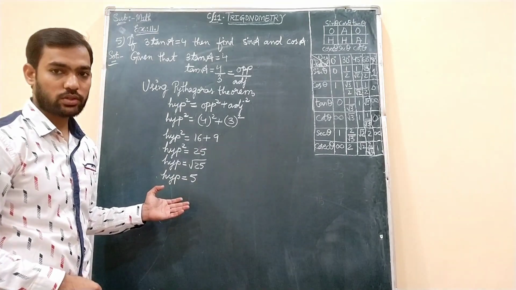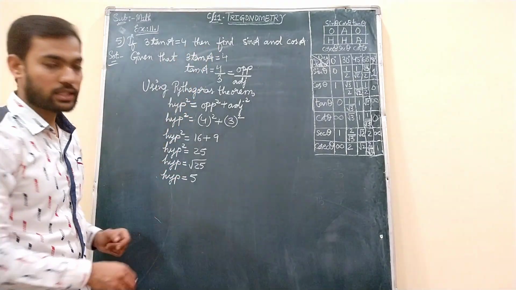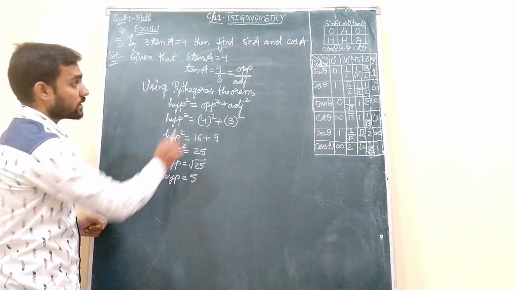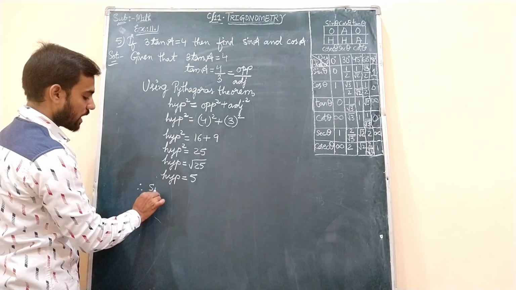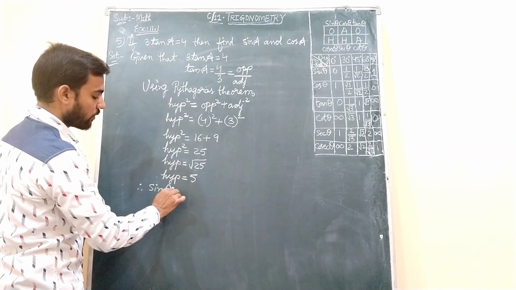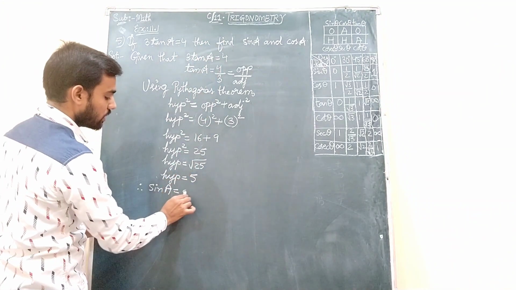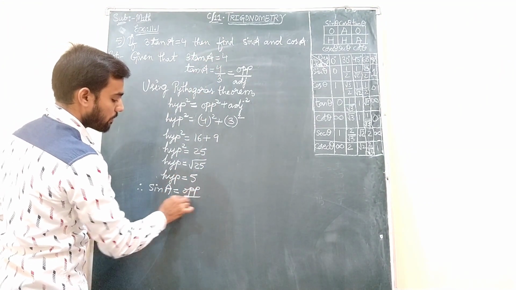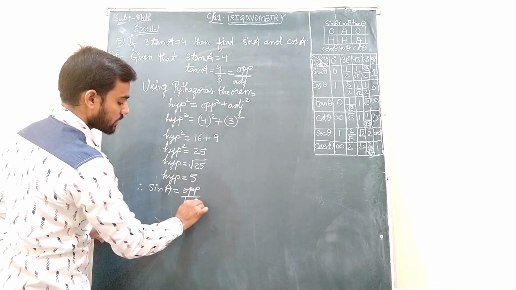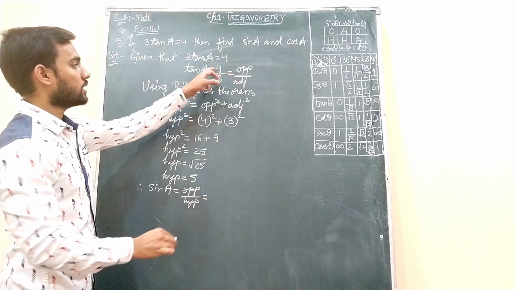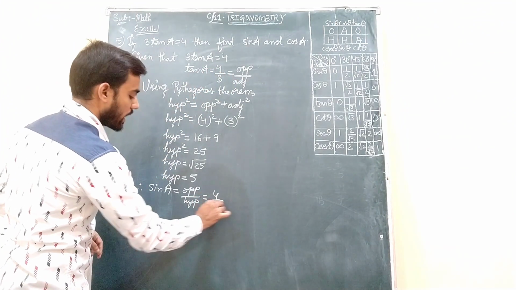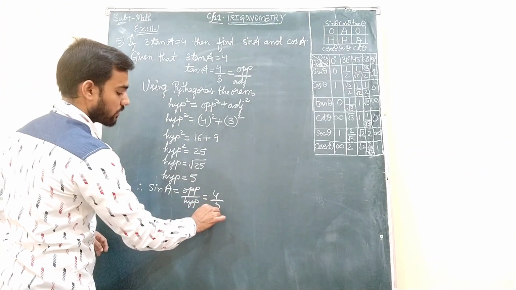As I got the hypotenuse, now I can find out whatever is given in the question. First, he asked to find sin A. What is the formula of sin A, guys? See over here, opposite by hypotenuse. Opposite we already have, that is 4, and hypotenuse is 5.